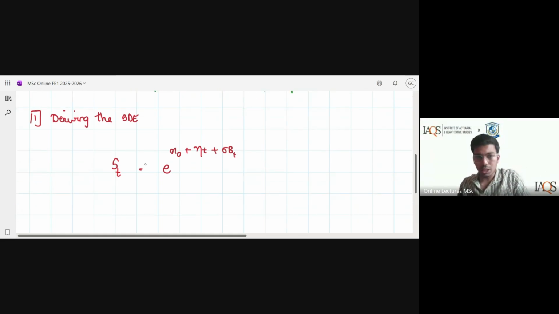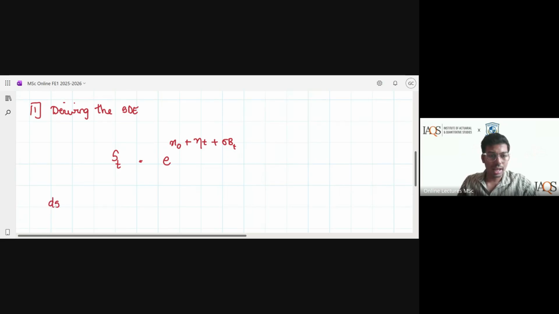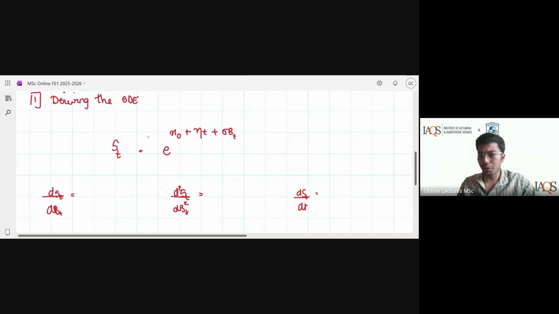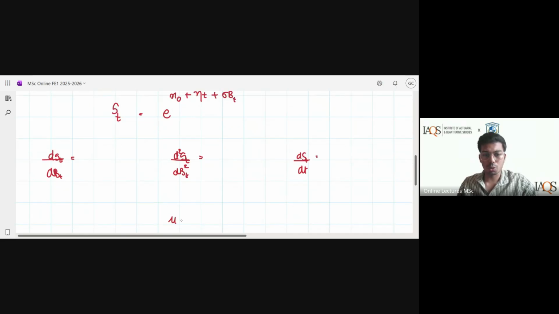If I want the SDE, I know I have to go from process to SDE. That means I need to use the multi-factor lemma. For that, can I say I need to calculate dHt by dBt, I need to calculate d square Ht by dBt square, and I need to calculate dHt by dt. I know St is a function of standard Brownian motion, so mu will be equal to 0 and sigma will be equal to 1.